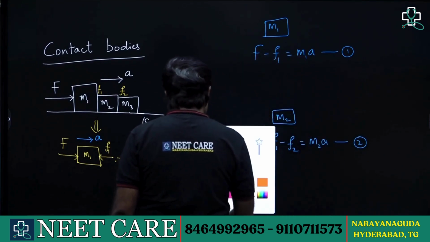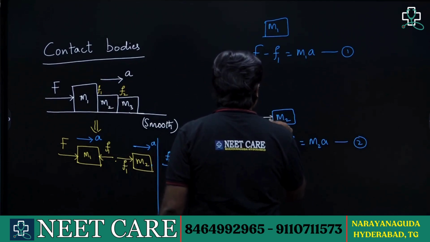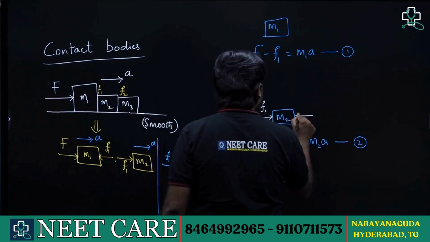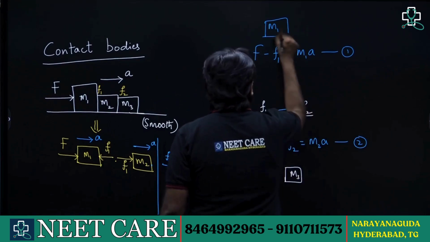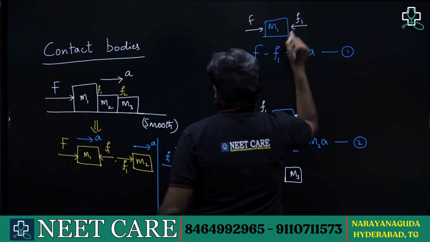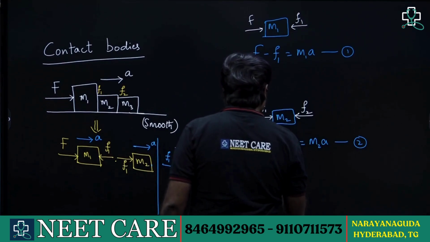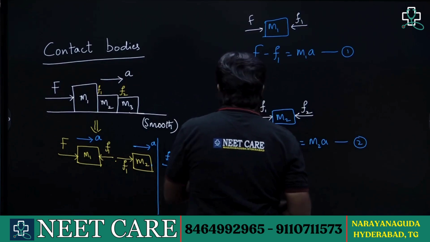Next. If you take the free body diagram of M3, M2 is experiencing F1 and F2, M1 is experiencing capital F and F1 as per the FBD, as per the analysis, and M3 is experiencing only F2. See, there is no other force.